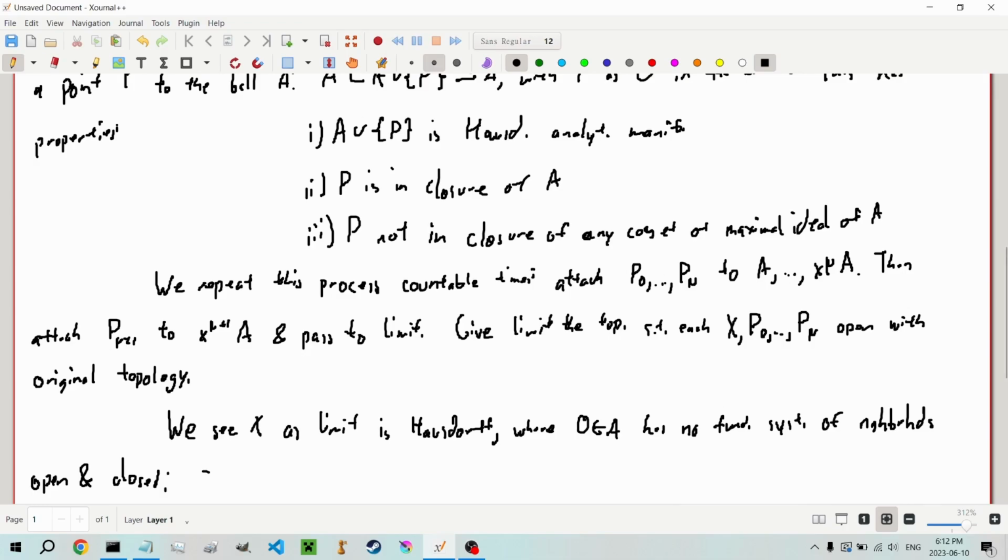You see the powers of x to mu alpha are a fundamental system of neighborhoods of 0.